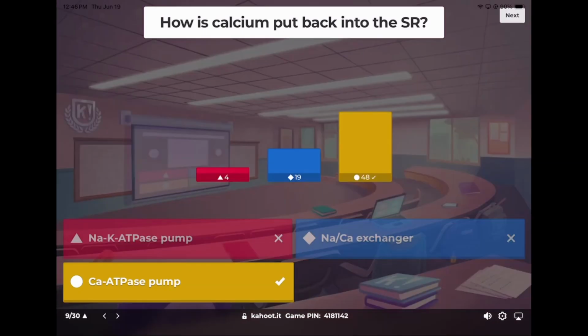No. Okay, the sodium-calcium exchanger puts it outside the cell. The calcium ATPase pump puts it into the SR. So that's the difference between those two: one goes outside, the sodium-calcium exchanger. The calcium ATPase pump gets it back into the SR.